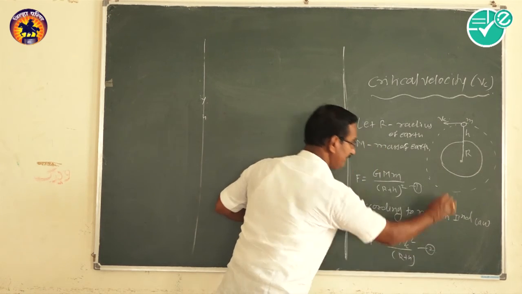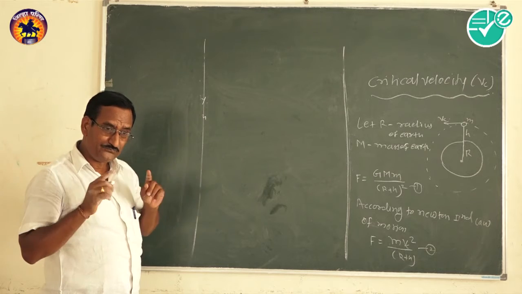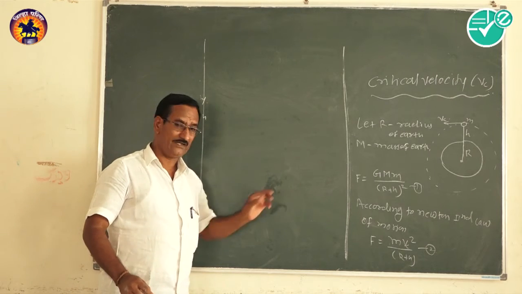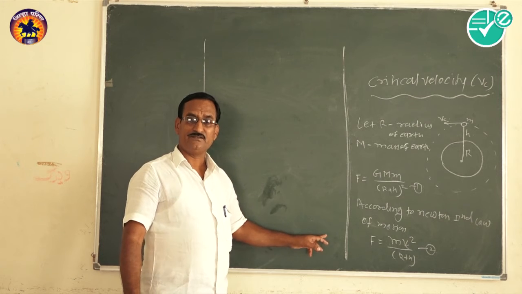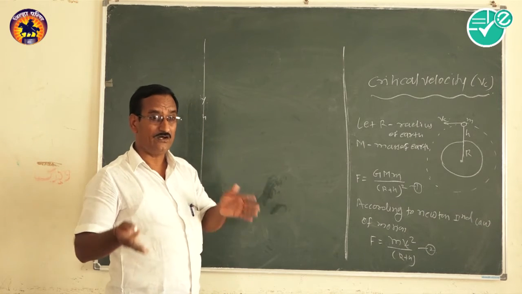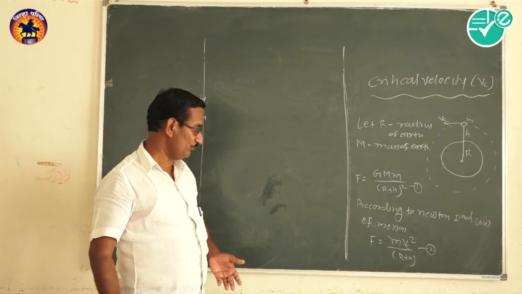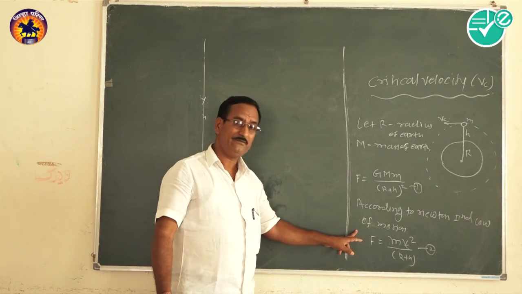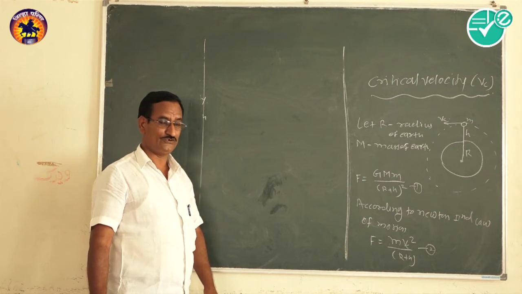Again, when the satellite revolves around the Earth in a circular orbit, there is a necessity of centripetal force, and that centripetal force is provided according to Newton's second law of motion.